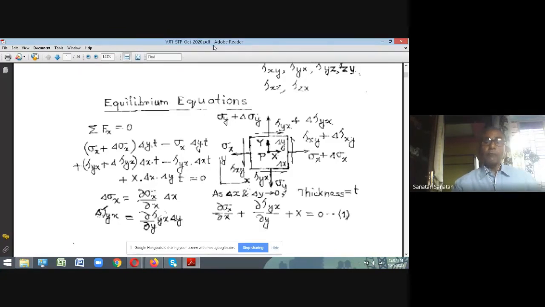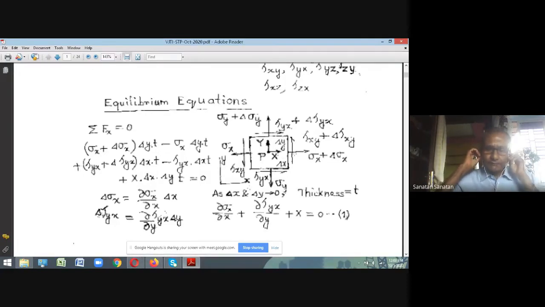So if we consider the vertical face on the left end, delta x and delta y are very small, and therefore if we consider the stress acting on the vertical face delta y on the left, it is such a small element that the stress intensity is going to be sigma x.